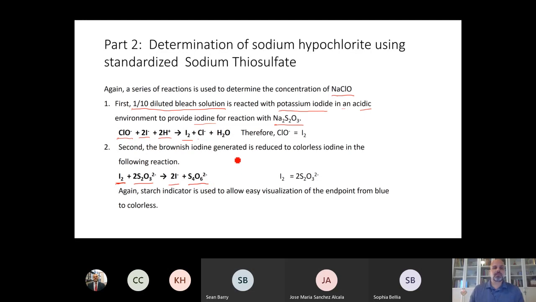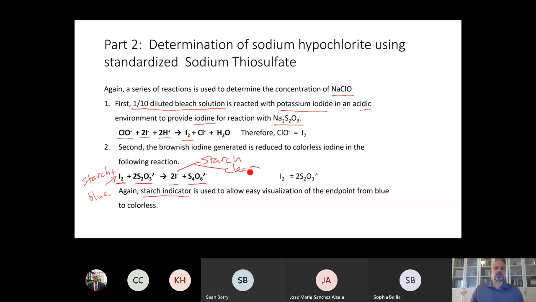And we're going to be using a starch indicator again, because the starch indicator is able to visualize when the starch and the iodine react together. This has a blue color. So when we have starch with iodine, we're going to have a blue color, and then the starch with the iodide goes back to clear.